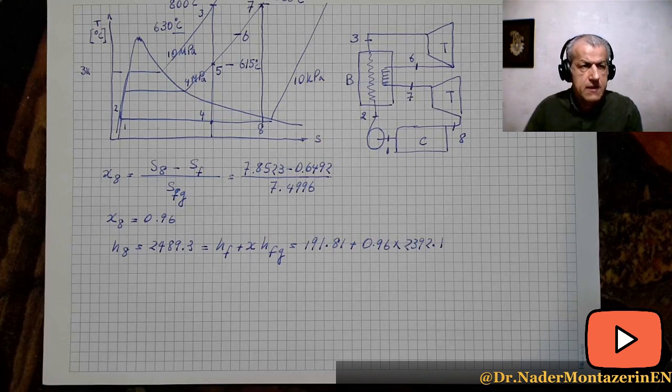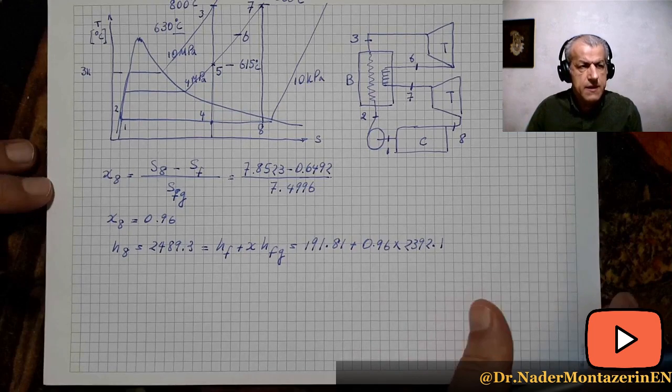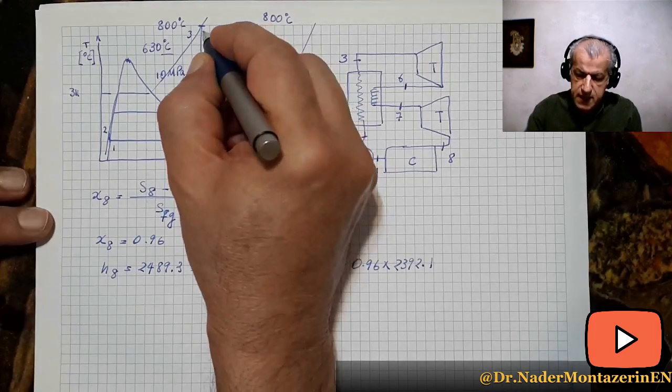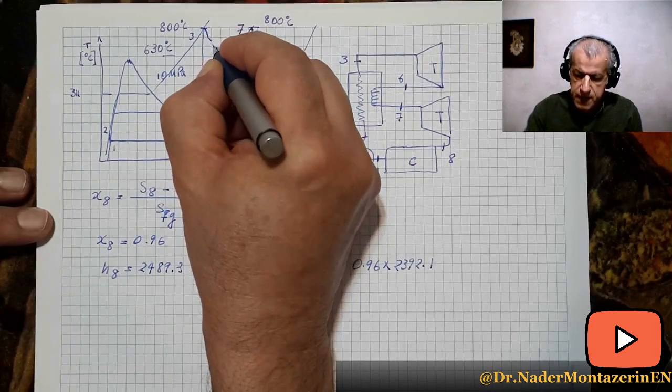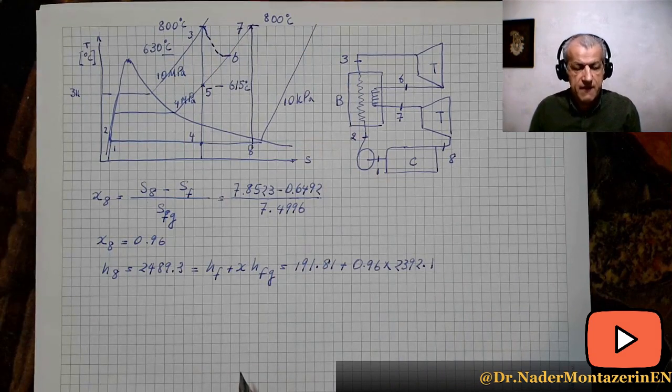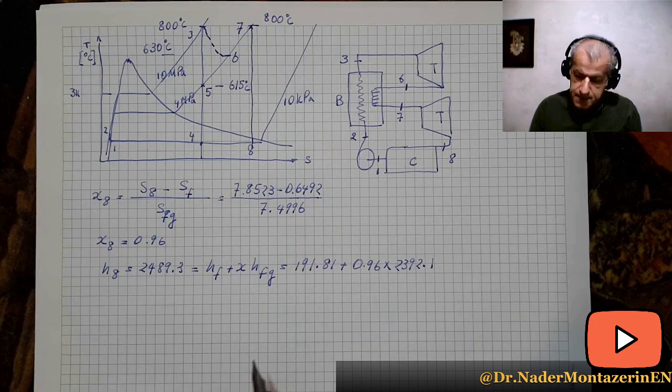You see, the real turbine does not follow process 3-5, but it follows process 3-6, and therefore we can define and calculate turbine efficiency.